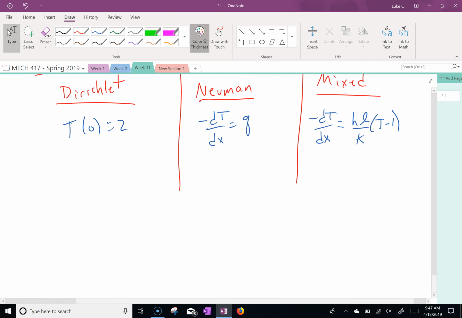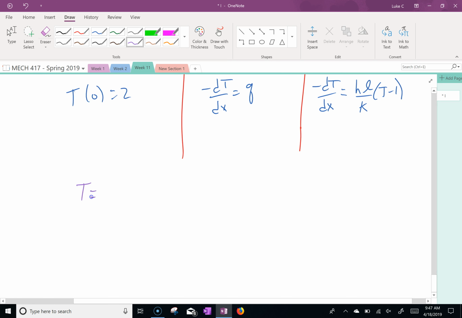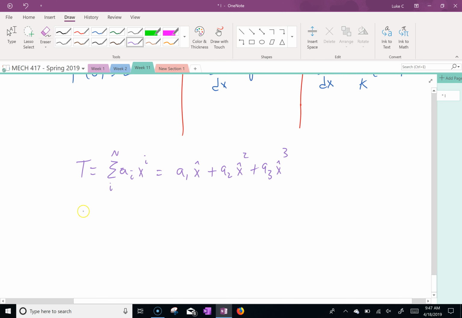All right. Now, what we're going to do is we're going to pick T to be this: A of i, x of i. We're going to do a cubic. A1 x hat plus A2 x hat squared plus A3 x hat cubed. All right. What's the derivative of that?